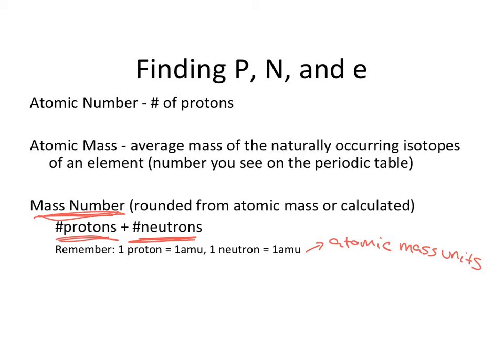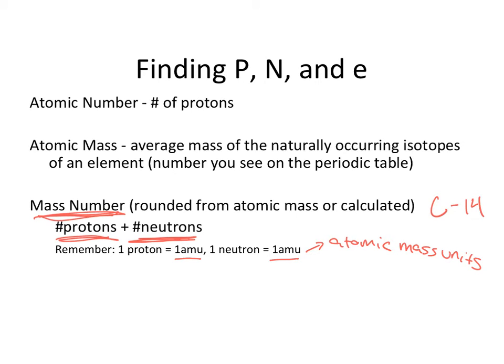Okay, so one proton has a mass of 1 atomic mass unit, and one neutron has a mass of 1 atomic mass unit. So if I tell you, for example, that the mass number for carbon is 14, I can start to figure out some other things.